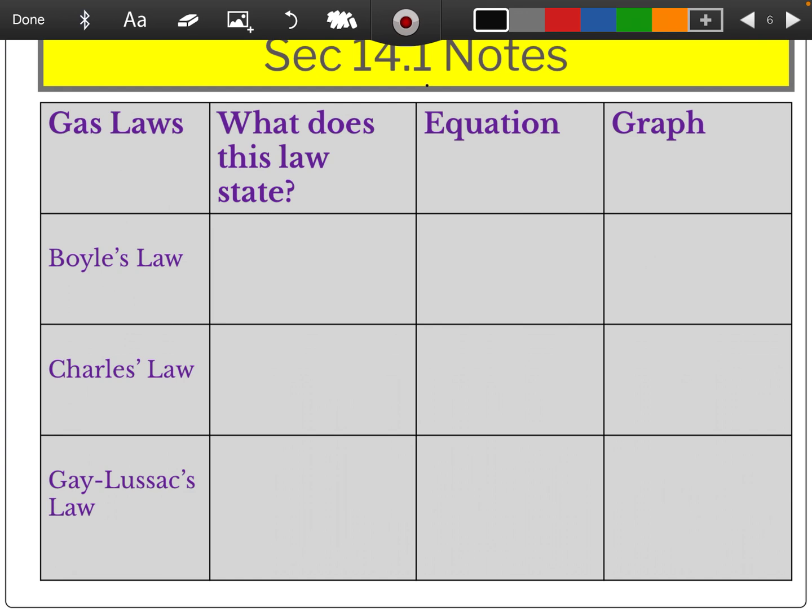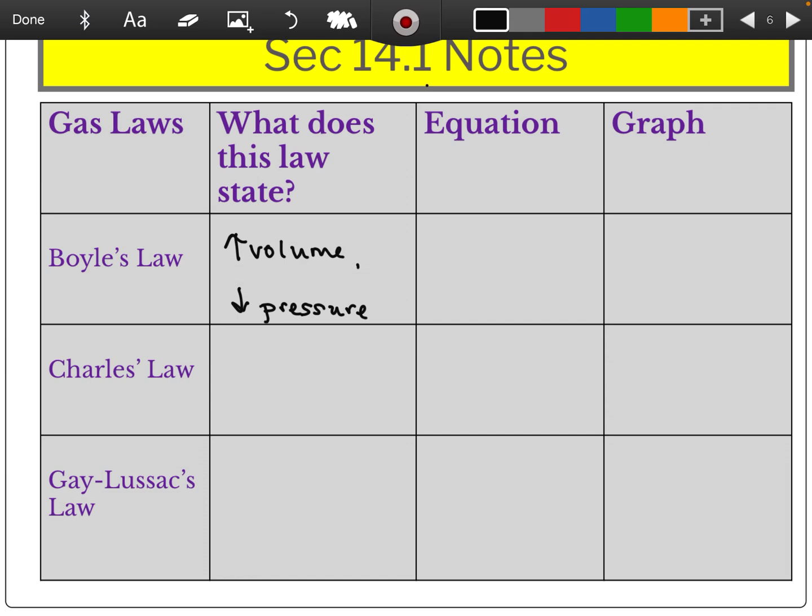So Boyle's law is stating that when you increase the volume, you will have a decrease in pressure and vice versa. If you increase the volume, if there's a greater space for those particles to move around, there's going to be less pressure.